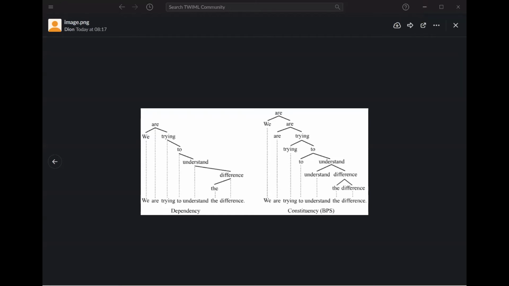Is it not actually that the dependency parser creates it like this? If you read the homework, the dependency parser starts at the left-hand side of the sentence, and it's got two things: its stack and its buffer of words. So it starts at the left and puts we onto the stack. Then it comes to the next word and puts that on the stack.